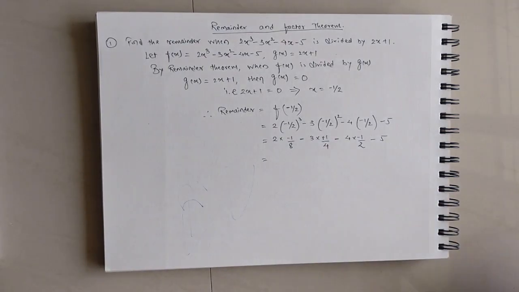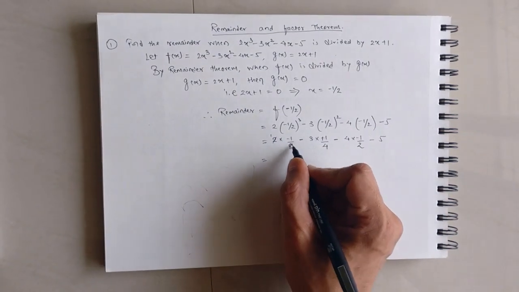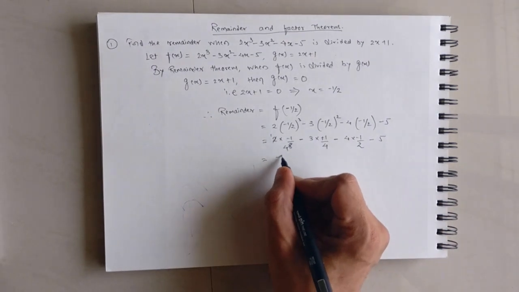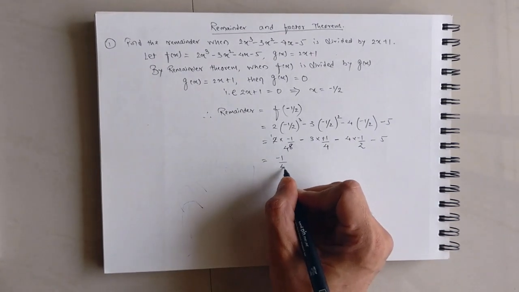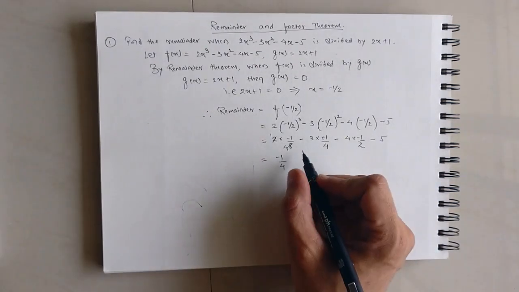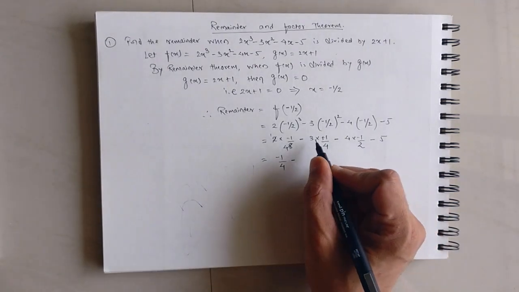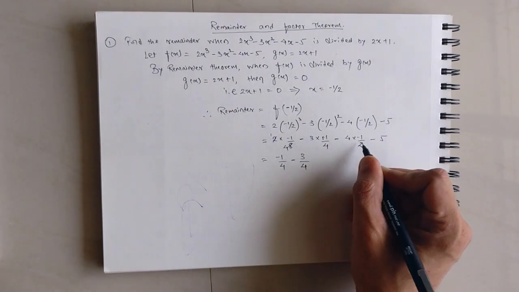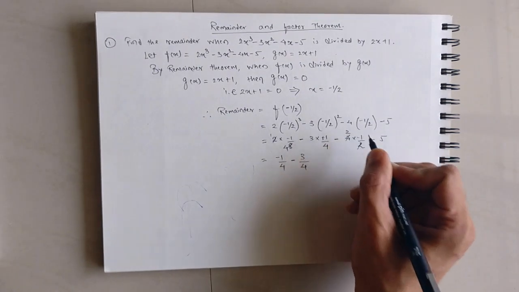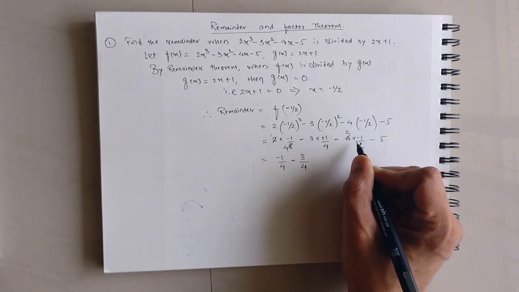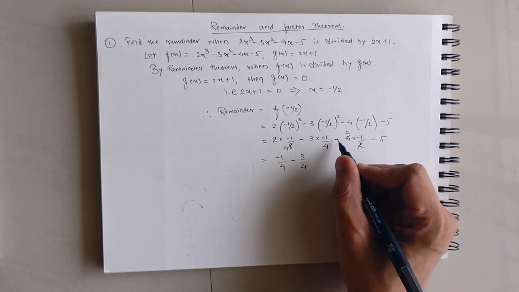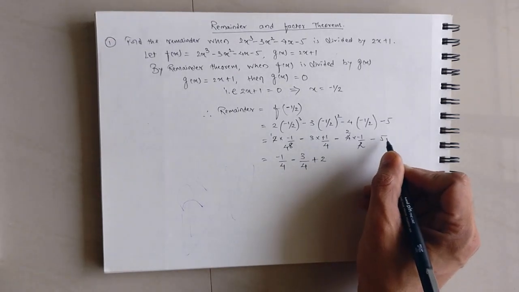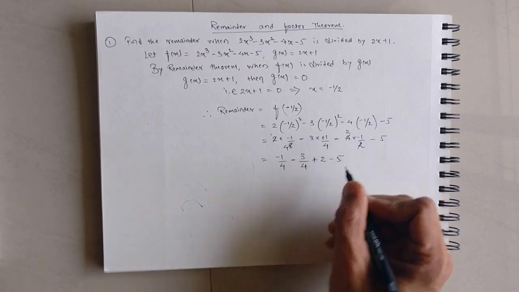Okay, let's solve this. 2 1s are 2, 4s are 4, so this will be minus 1 upon 4, minus 3 into plus 1 is 3 upon 4. This will cut. This will be minus 4 into minus 1 by 2, which is plus 2, and this will be minus 5.